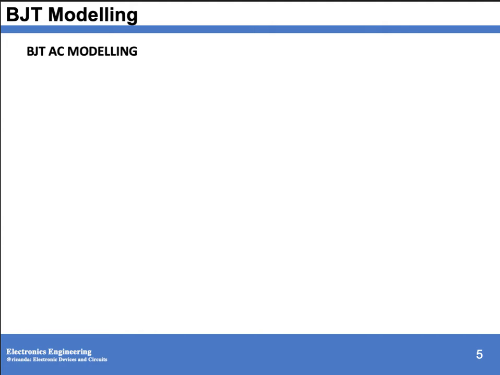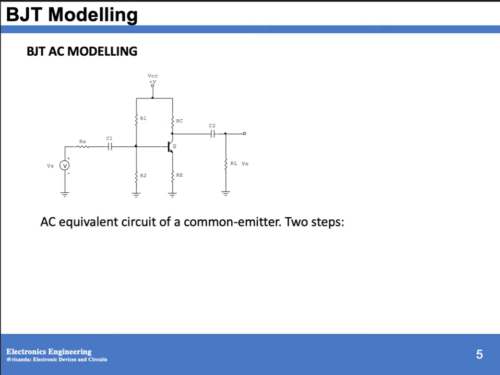At this point, we need to derive the AC equivalent circuit for a common emitter amplifier, which is used in many AC calculations. It is easily derived using these two steps. First, you have to short circuit all capacitors. Then second, you have to replace all DC sources with the ground symbol.